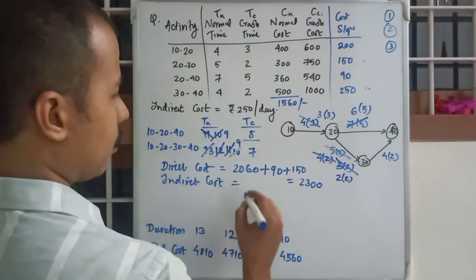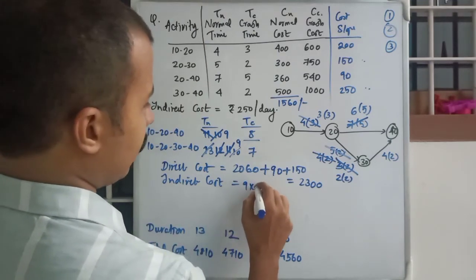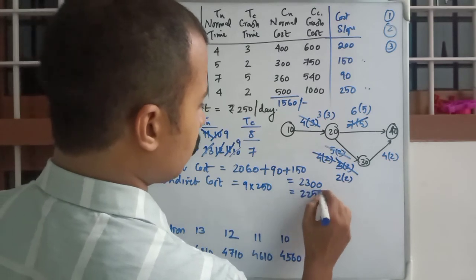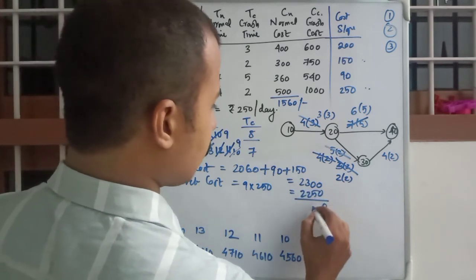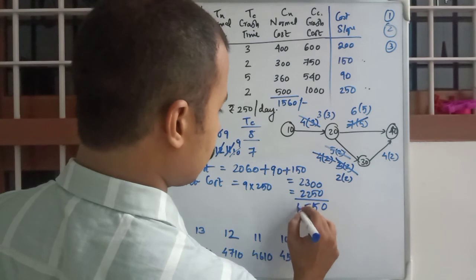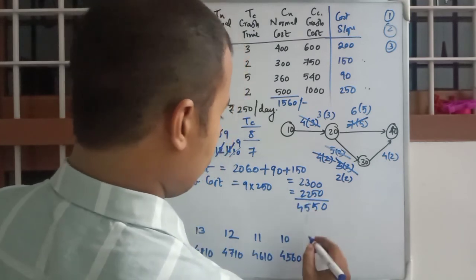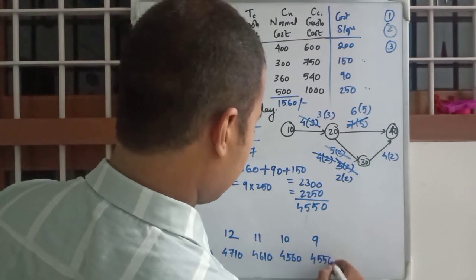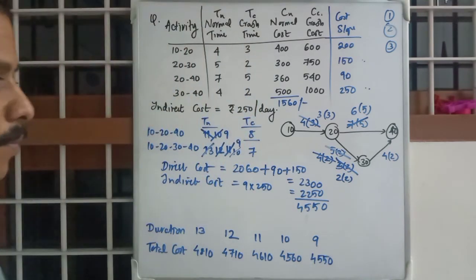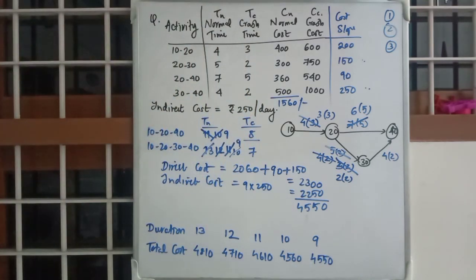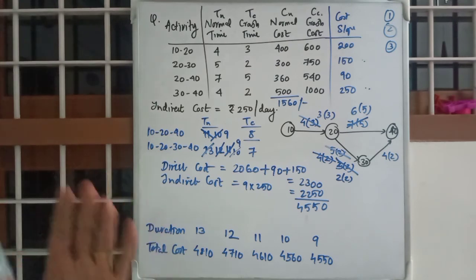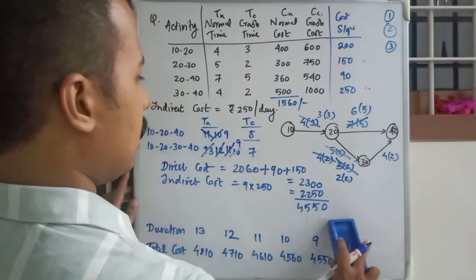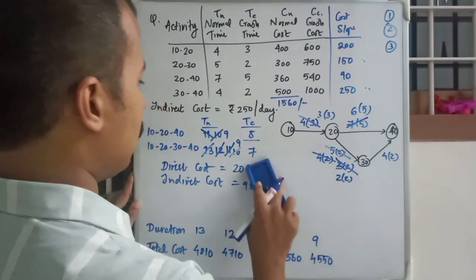And indirect cost, the duration is 9 into 250, that is equal to 2250. The total cost is 4550 for duration 9. Okay. Last one, 2300 we will be keeping here.